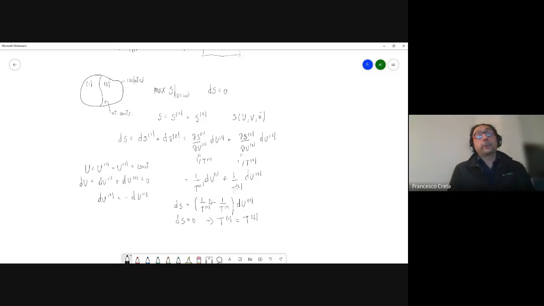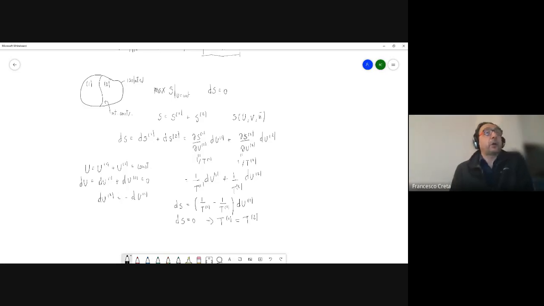So equilibrium kind of implies that any sort of field of intensive variables such as the temperature is uniform. And this is an obvious fact of life.